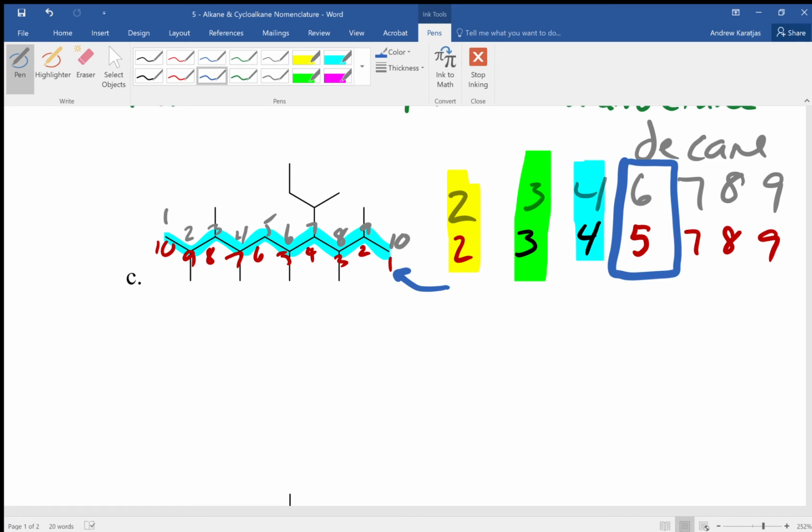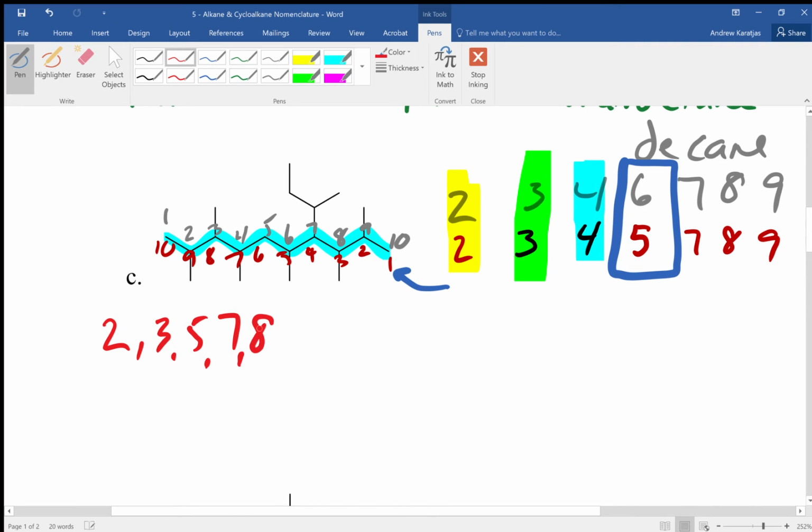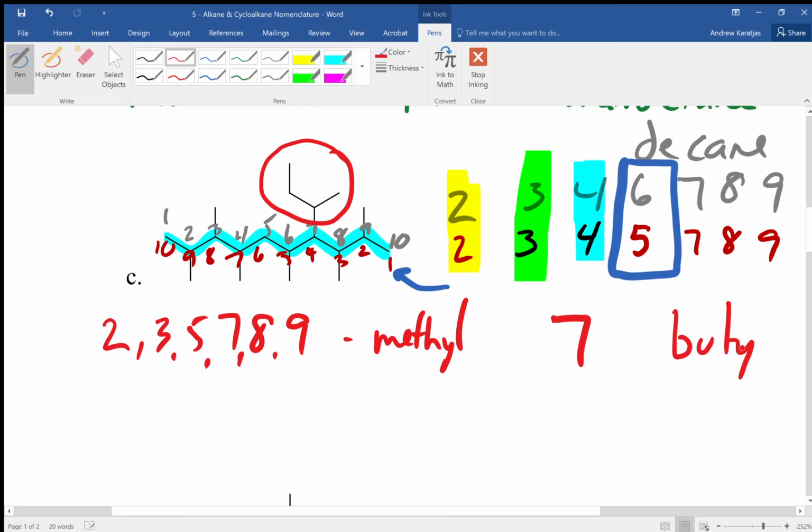So what are the substituents here? Well, 2, 3, 5, 7, 8, and 9 are all methyls. What do we have at 4? At 4, we have a 4-carbon substituent, so we're dealing with butyl, but it's not connected at the end.